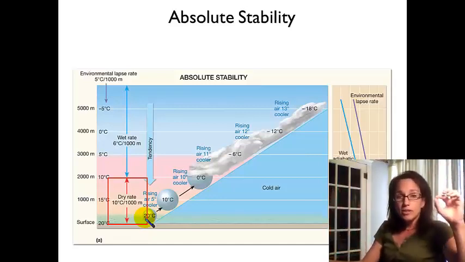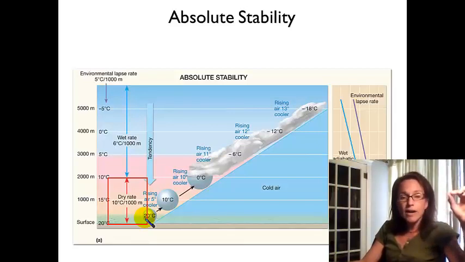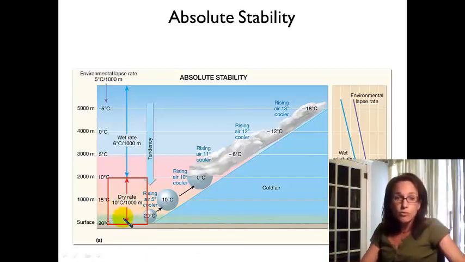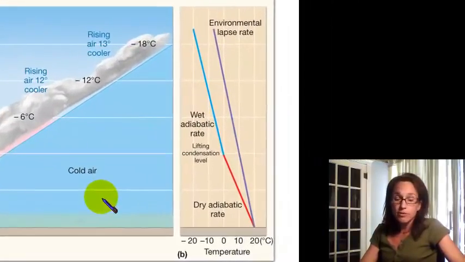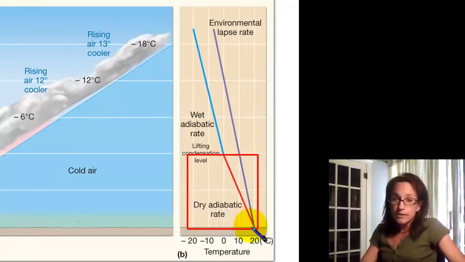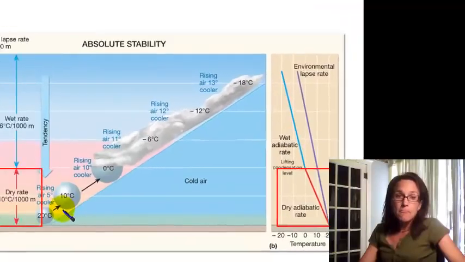The rate at which unsaturated air, that's dry air, rises and cools is what we call the dry adiabatic rate, and that cools at 10 degrees Celsius per 1,000 meters. Notice over here, it's a steeper change in temperature with elevation than the environmental lapse rate. So the air is remaining cooler as it rises than the environmental lapse rate.